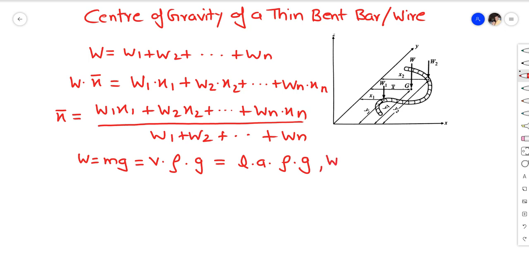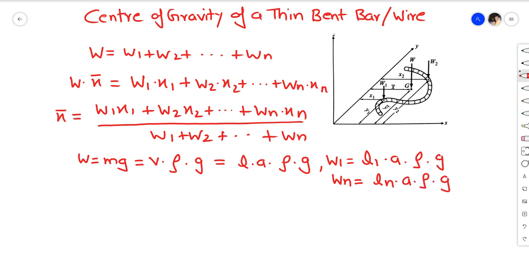Same way we can write W1 is equal to L1, because the L1 section weight is W1, into uniform cross-sectional area into uniform density into g. Same way we can write Wn is equal to Ln into A into rho into g.